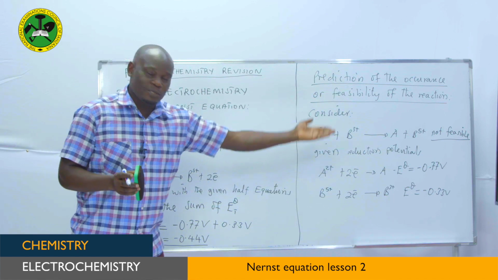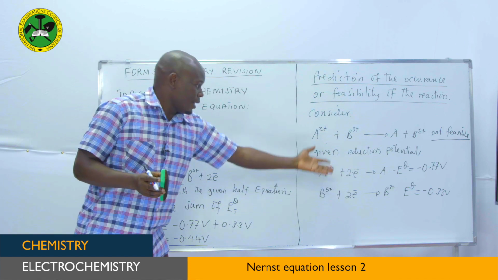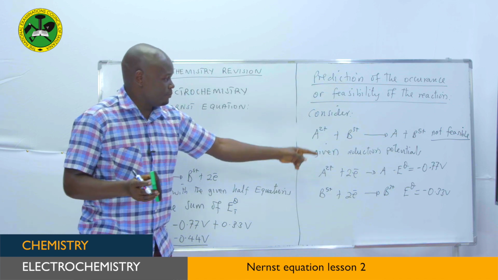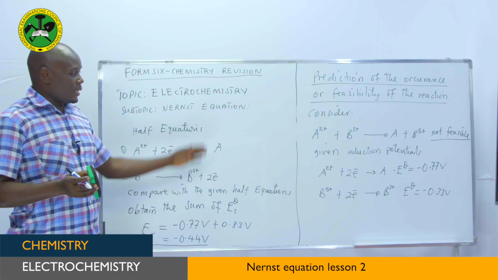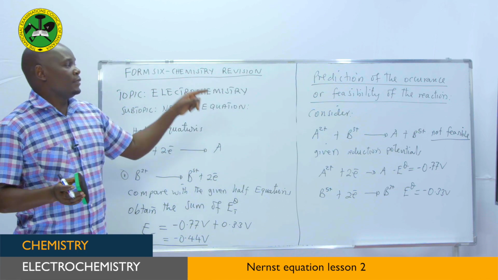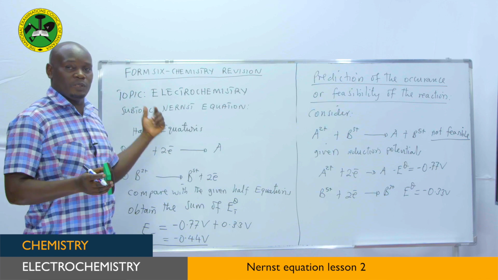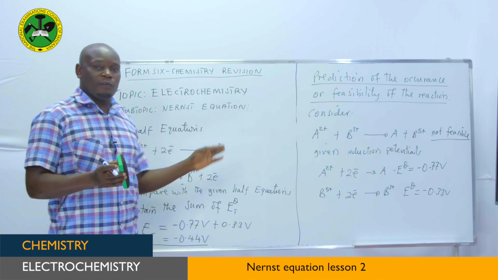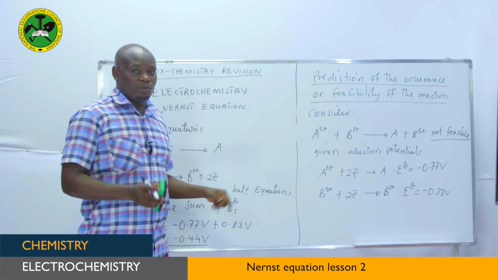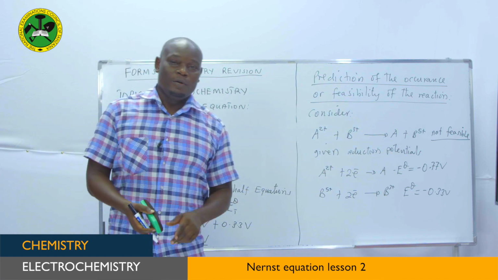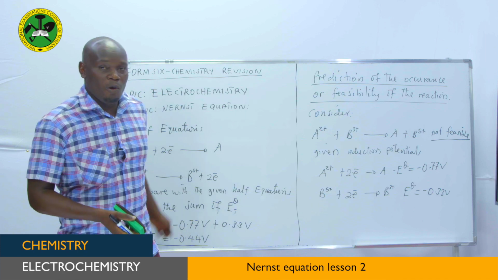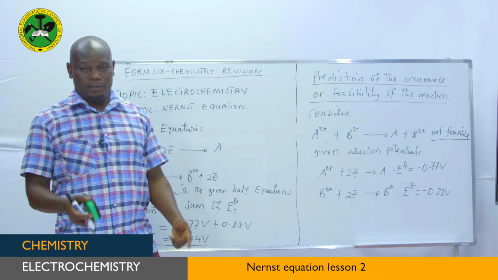What helped you to judge if it is feasible or not feasible is the standard electrode potential. That is how you can use the standard electrode potential to predict the feasibility of the reaction. After a short break, we will be back for some questions on how we can use this knowledge. So see you later.